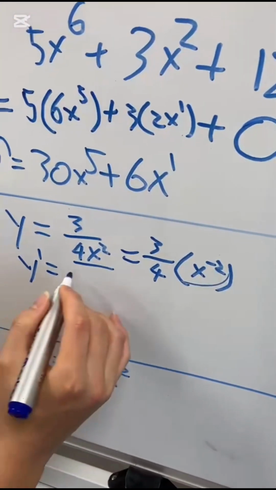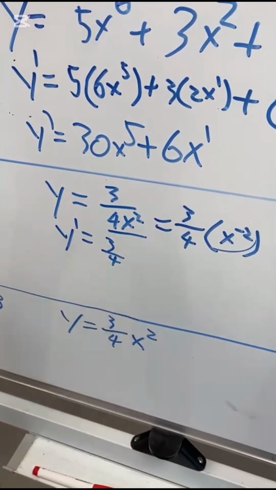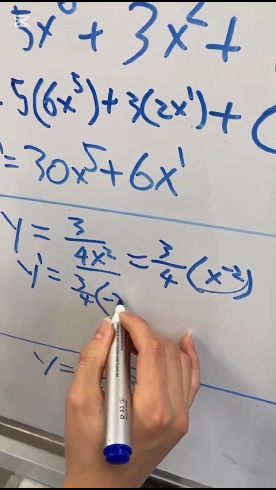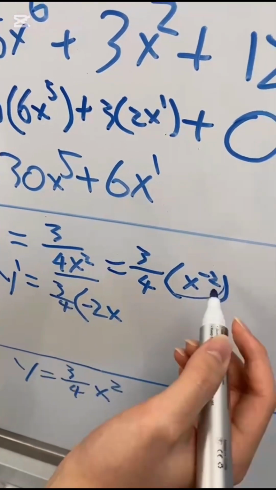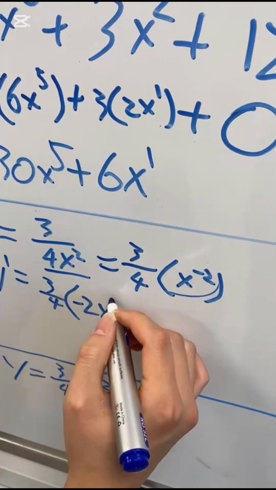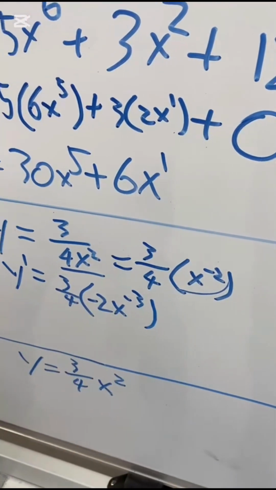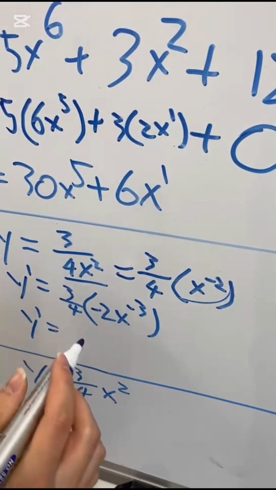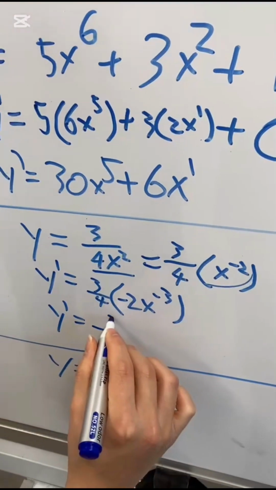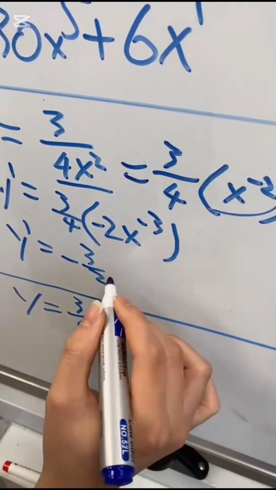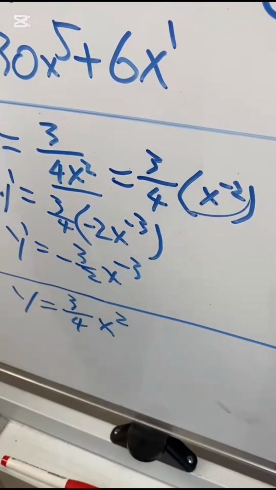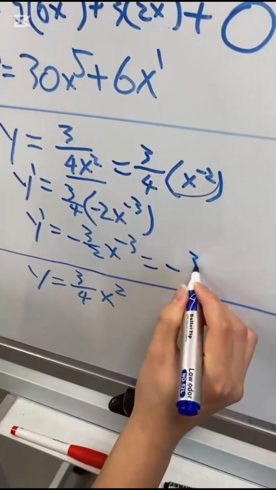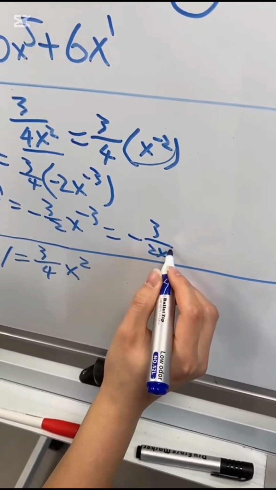So again, 3 over 4 outside of the bracket, bring down the negative 2 times x to the negative 2 minus 1. So that is negative 3. And you end up with negative 3 over 2 times x to the negative 3. Or you can also write it as negative 3 over 2x to the power of 3.